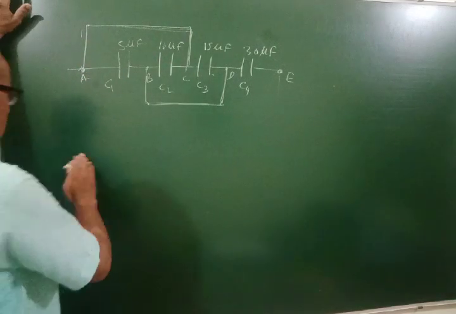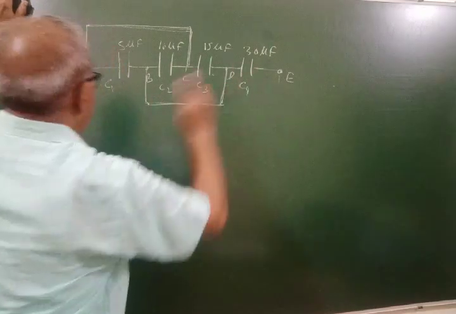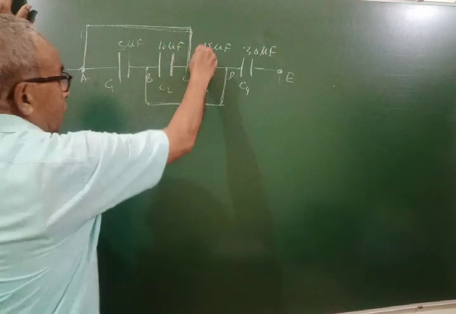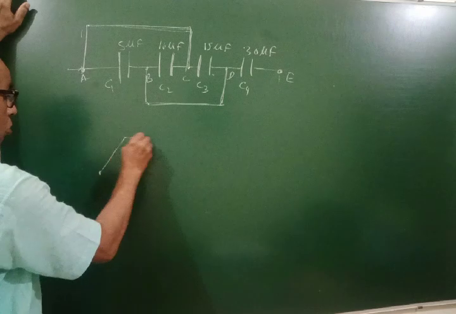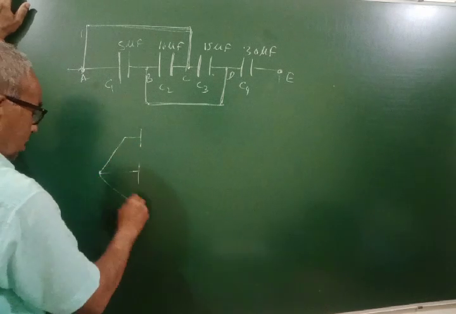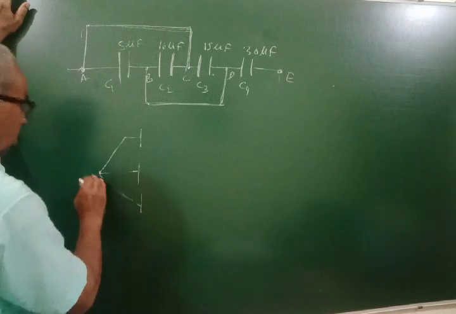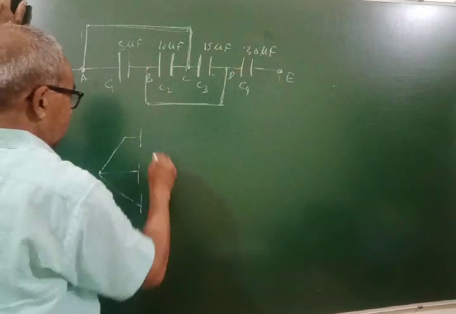So we can redraw this to find the equivalent between A and E. This plate and these two plates are connected by points A and C. Points A and C are the same, so three plates are connected to point A. Next, points B and D are the same.